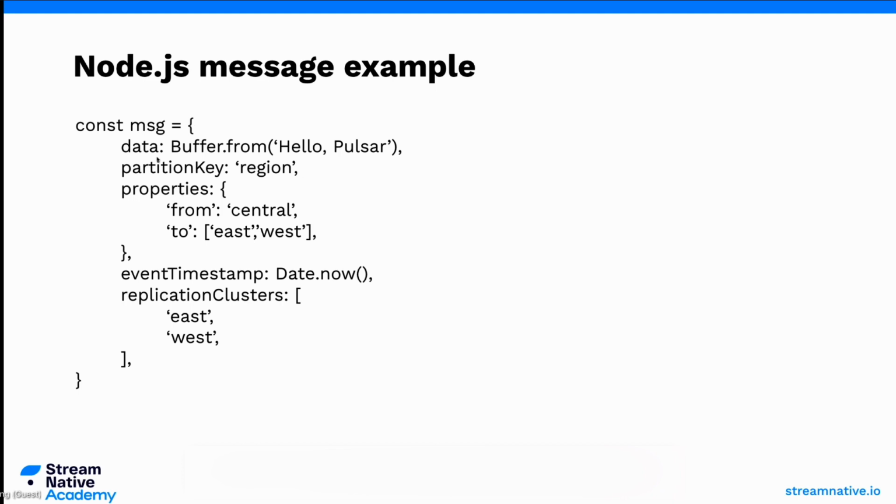And you can specify the key, the partition key, and metadata like event time. You can use Date.now to create an event timestamp. And replication cluster, in this example, I'm trying to simulate that this message from the central broker is going to replicate to the east and west clusters. This is a simple example of the message.